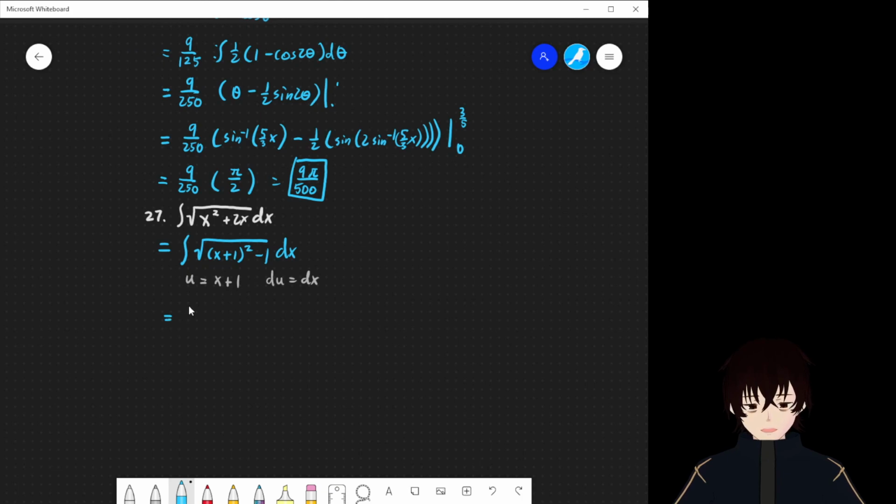So now this is equal to the integral of u squared minus 1 du, which we can now say u is equal to secant theta and du is equal to secant theta tangent theta, right?